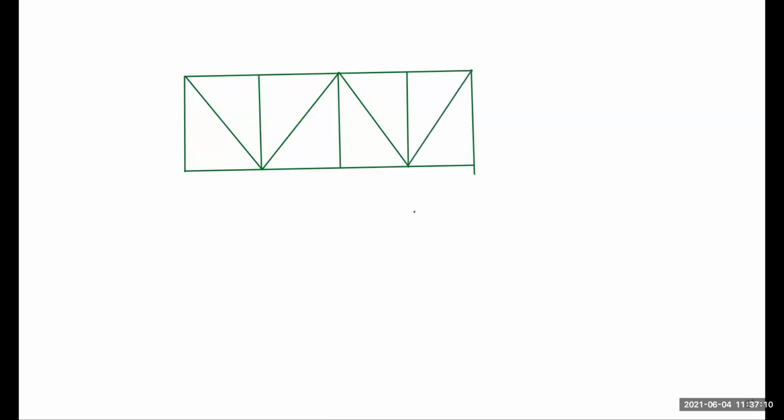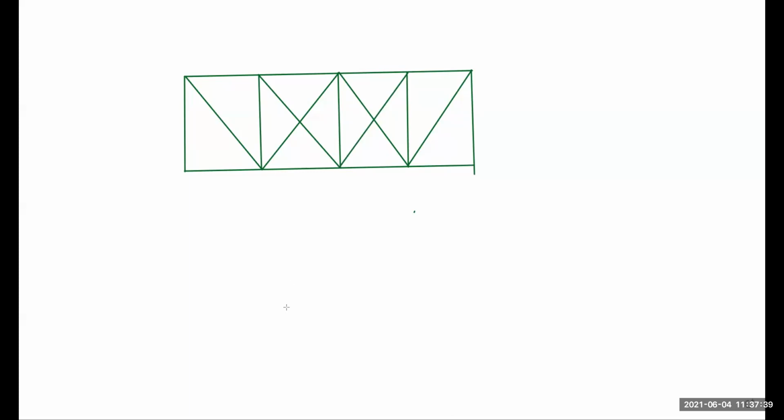This is our last problem, but in this problem I made some modification. So here we add another member, and also I add one more member here. I think this problem is modified from the previous one.